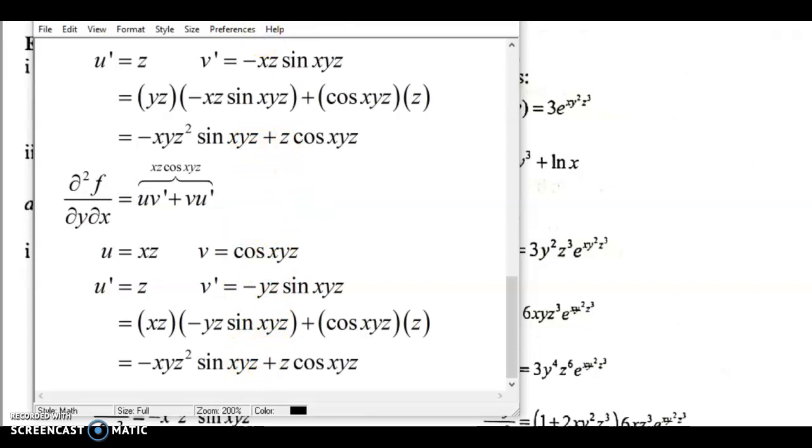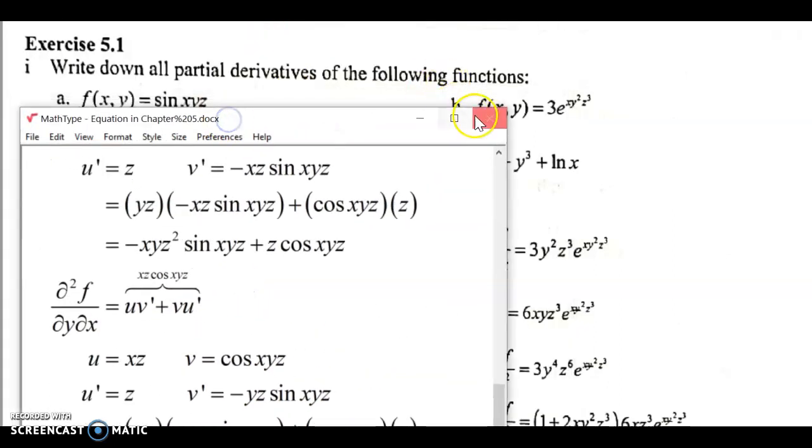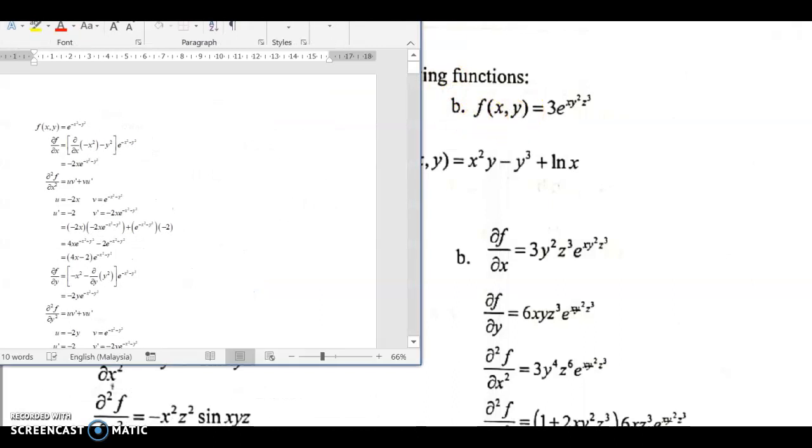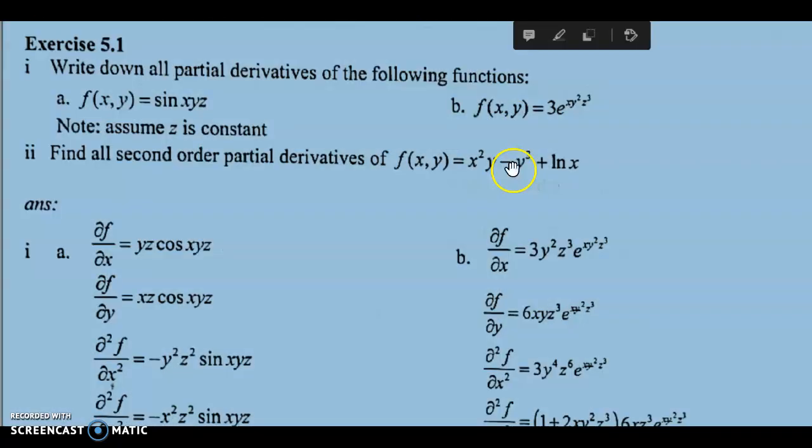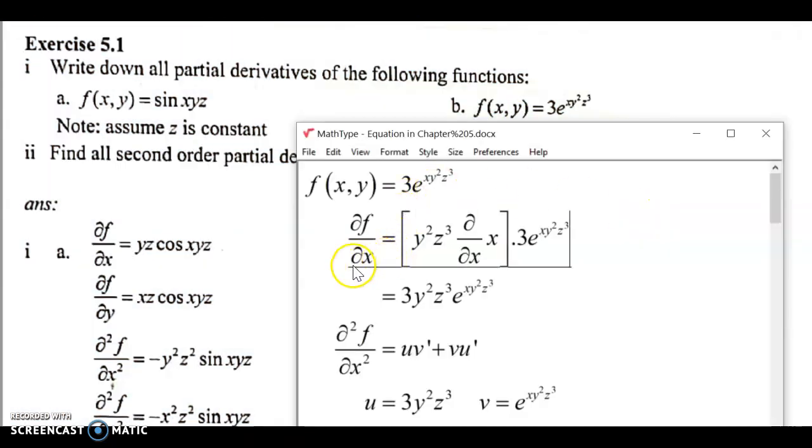Okay, and for the next one, let's look at B. Alright, for partial x, again, this is an exponent, so bring everything to the left hand side. For y and z here, we consider it as a constant, right?